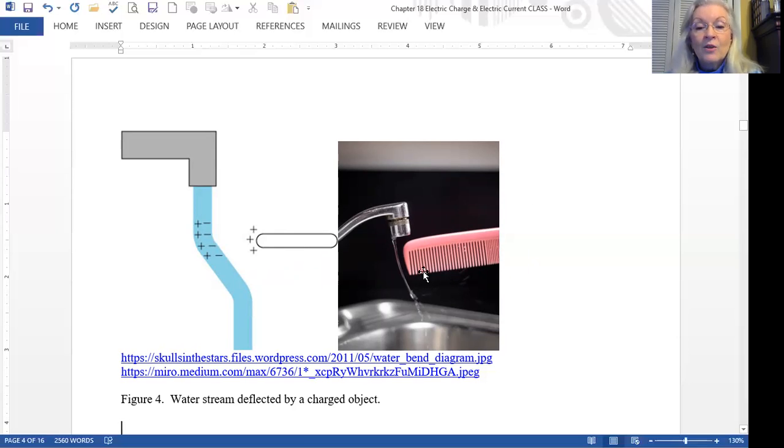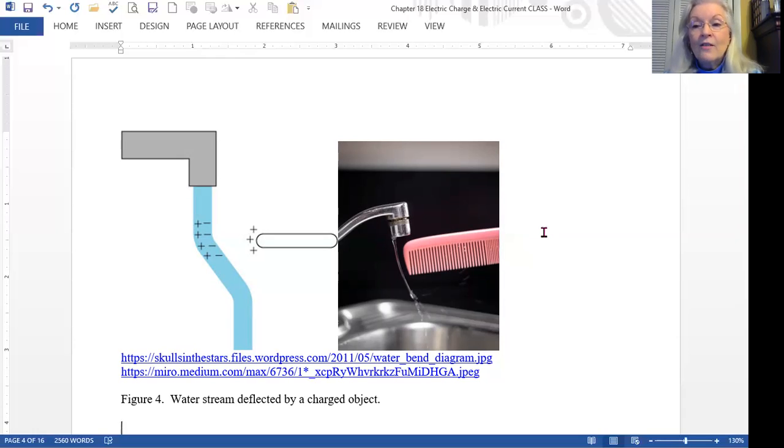And this is a photograph of a stream of water from what looks like a kitchen faucet and just a plastic comb. And what they've done is taken that plastic comb and rubbed it vigorously either on a wool sweater or a piece of fur or even a piece of polyester will work. A lot of things can make that plastic comb have an electric charge on it.